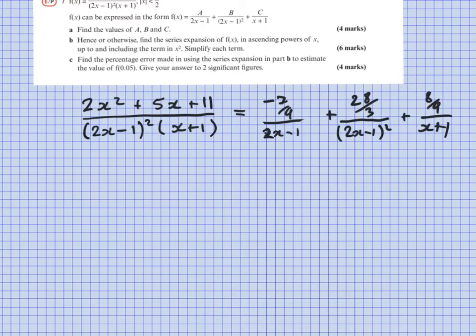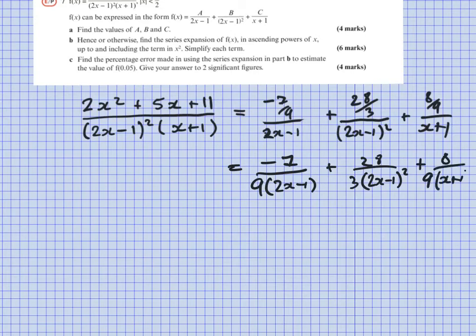So I'm going to rewrite it in a form that actually makes sense, like this. So that will equal minus 7 over 9 brackets 2x minus 1, plus 28 over 3 brackets 2x minus 1 squared, plus 8 over 9 brackets x plus 1. Rewriting those fractions like that helps a lot.